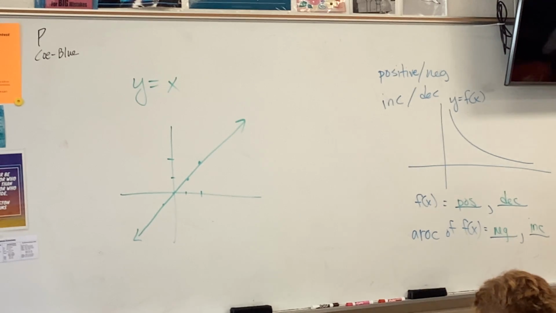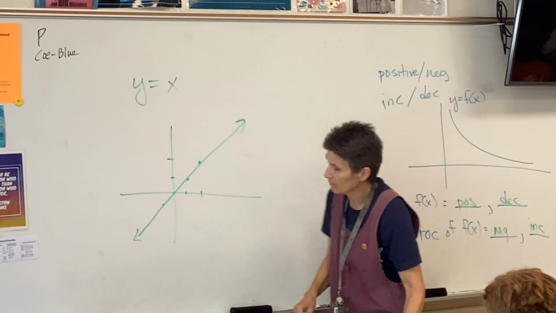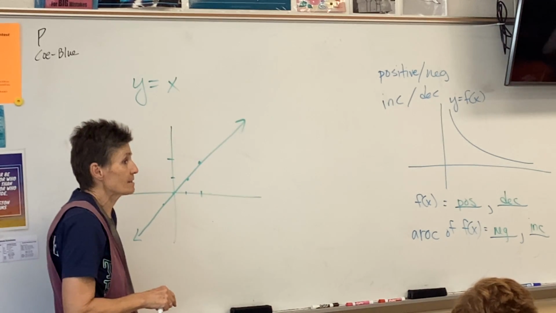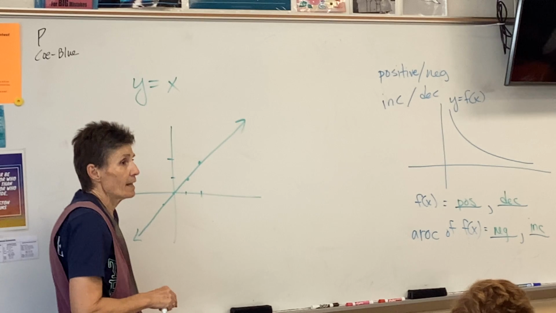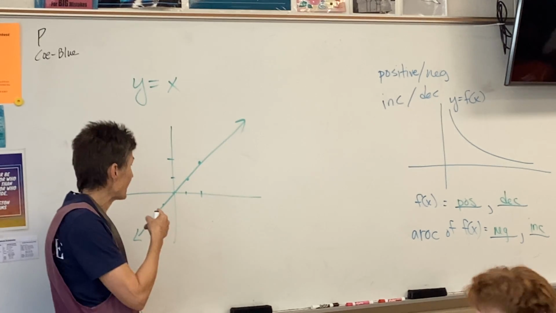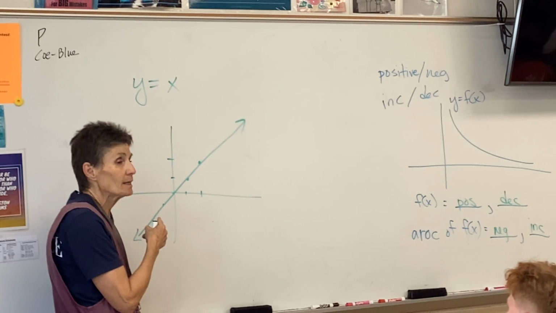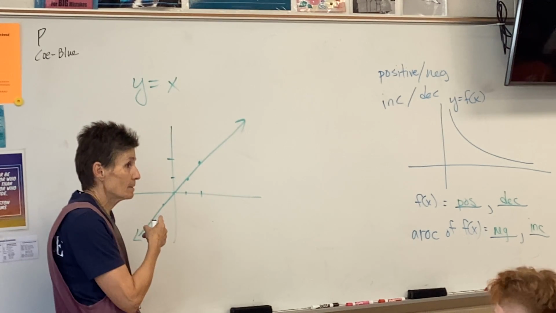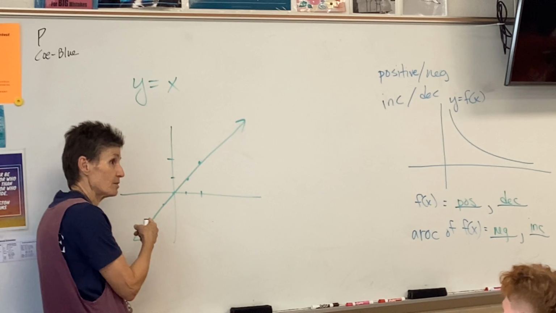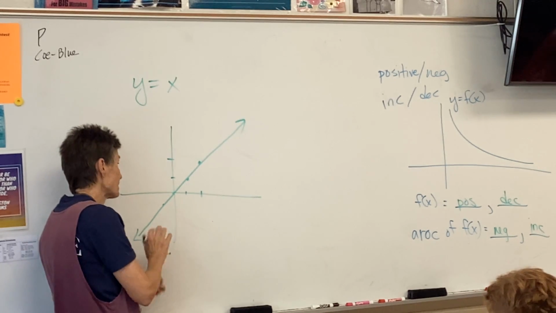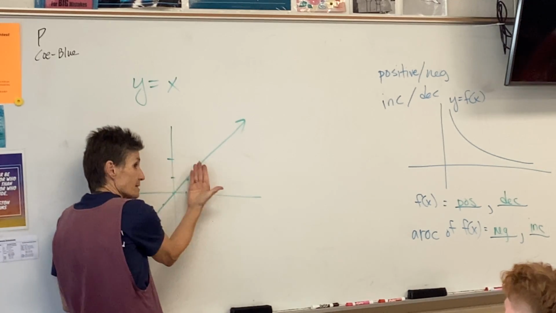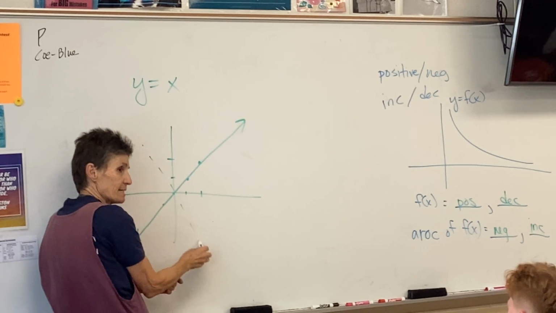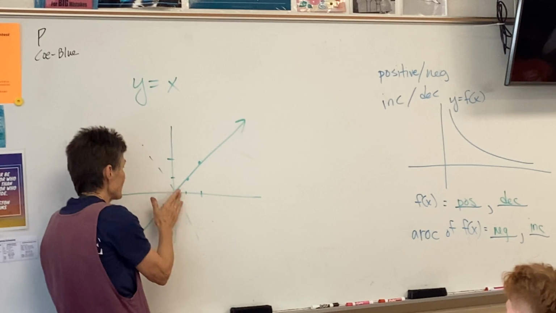Symmetry. Now, the symmetries we check for are the x-axis, y-axis, origin, and identity line. Wait a minute, that is the identity line. It is symmetric. It has its own symmetry. Okay? So it does have symmetry to the identity. Does it have symmetry to the y-axis? No, because if I fold my paper where I get this instead, it has to land on itself.